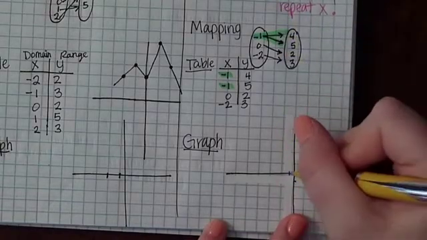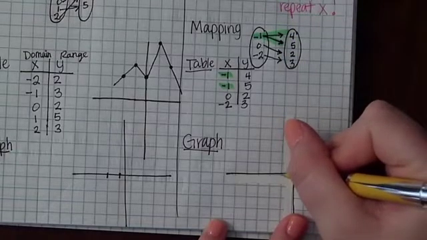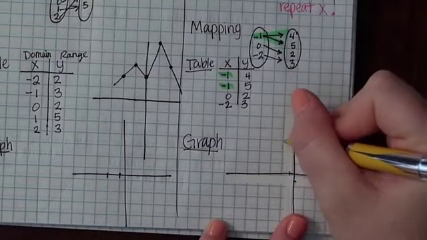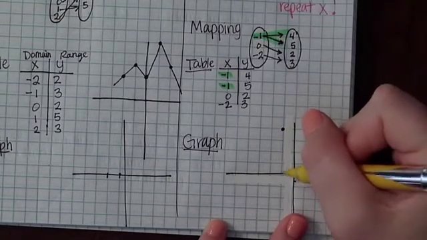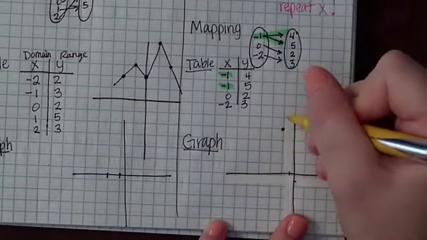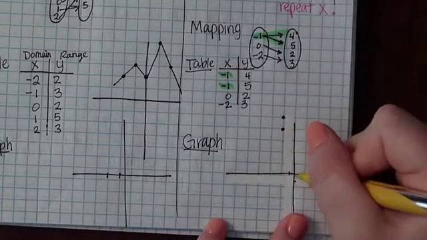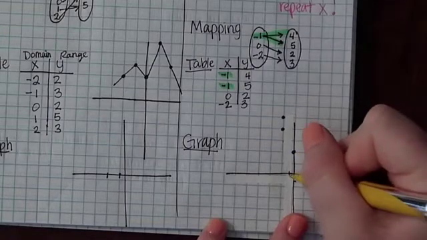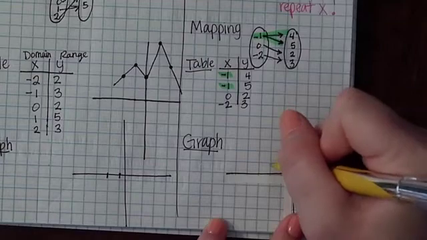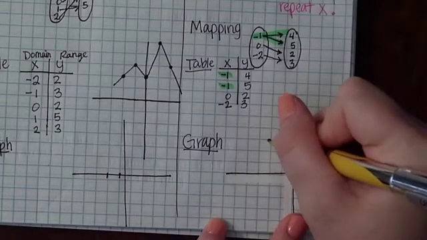But, okay, so we're going to go -1, so -1, and then up to 4. 1, 2, 3, 4. I'm going to go -1, 5, so 1, 2, 3, 4, 5. 0, 2, so 0, 1, 2, and then -2, 1, 2, up, 1, 2, 3.